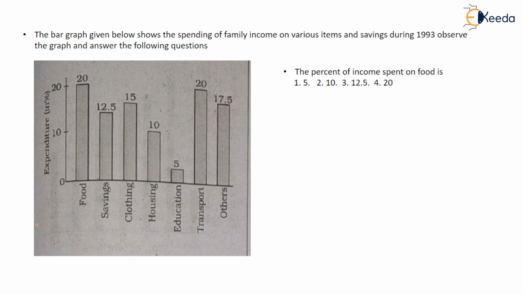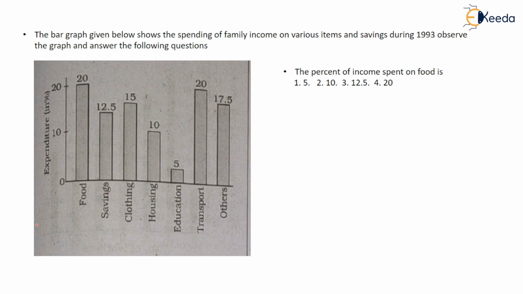So you can see that there is various expenditure, right? And the percentage of that expenditure out of 100 is provided to you, right? So you have to find out from the given data the answers to the questions that they ask you. The first question is the percentage of income spent on food in 1993.